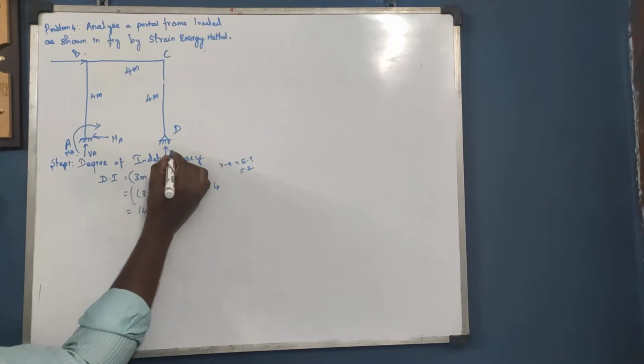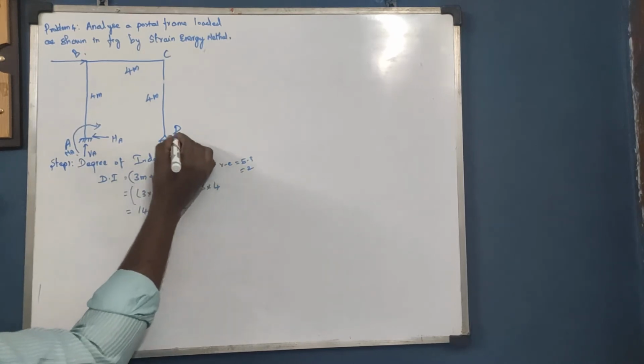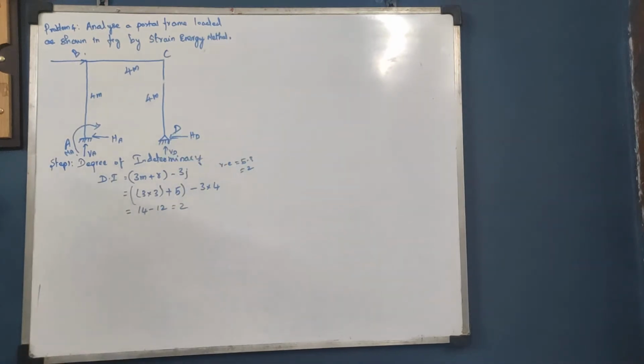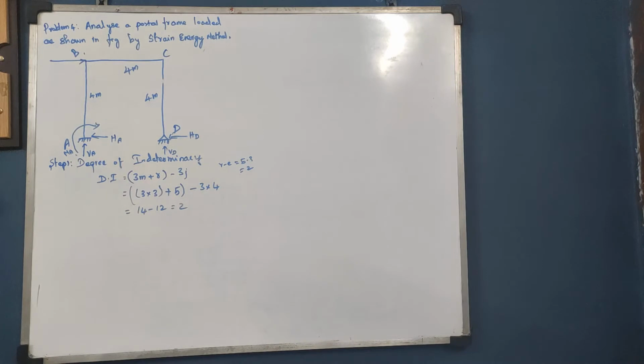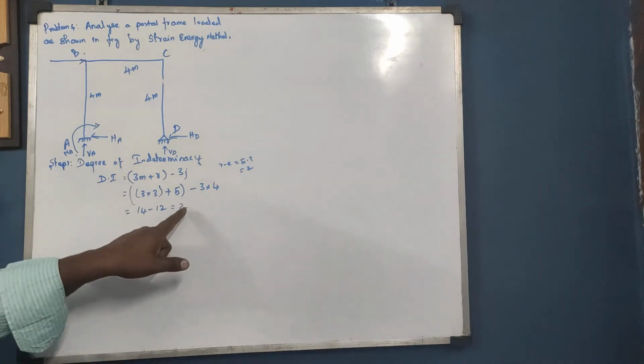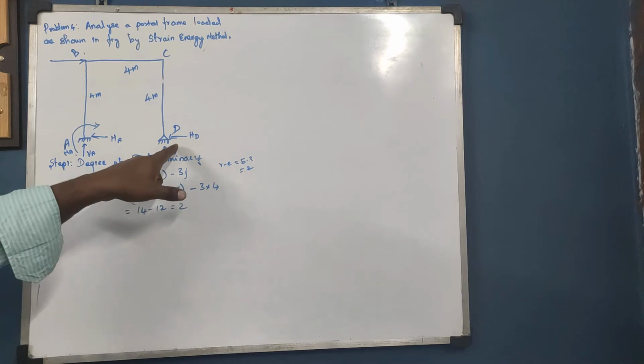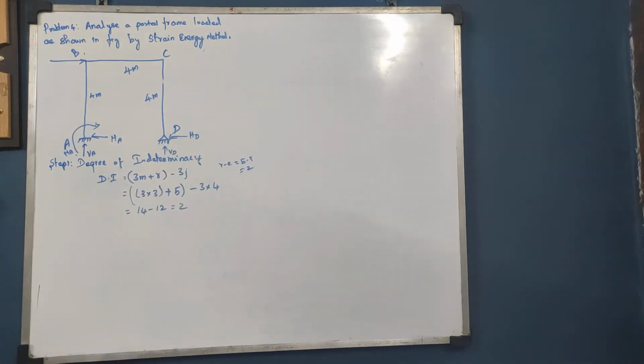At the other support we have 2 unknowns, that is VD and HC. Since we have 2 degrees of indeterminacy, we have to release 2 unknown forces or support reactions.